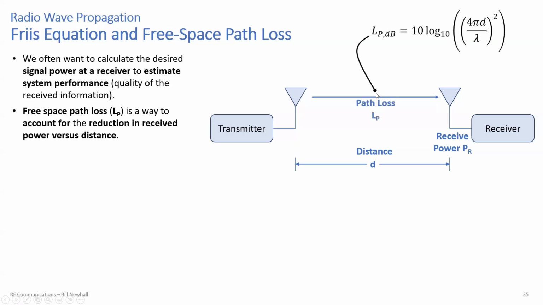So this L sub p, I'm going to give it in dB here: 10 log base 10 of (4 pi d over lambda) quantity squared. And you can see you have a distance squared here. Loss is a reduction in power, and here's your d squared term, as power density falls with distance squared.